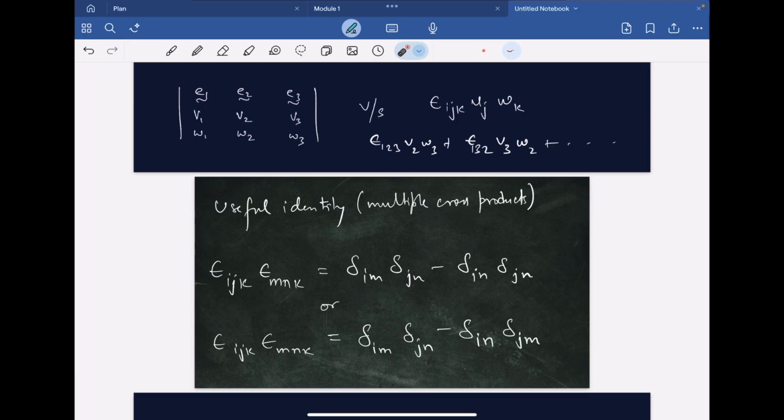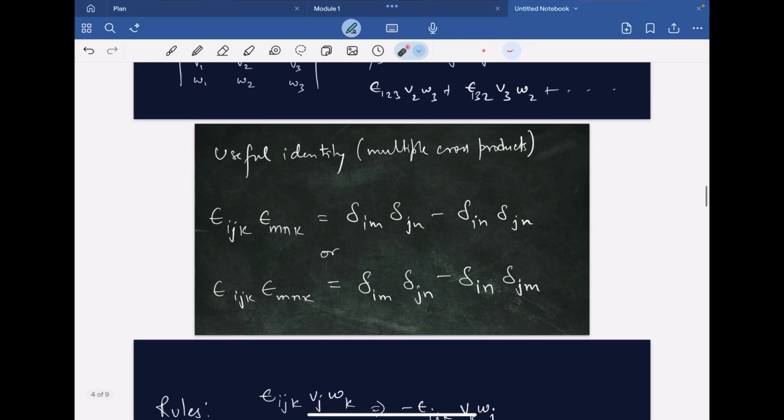So you have epsilon ijk, epsilon mnk, and you see that k is the common, repeated index here. And what you do, basically, to remember properly, is you take this: delta im delta jn, minus delta in delta jm.